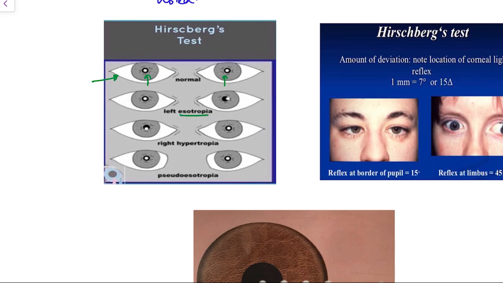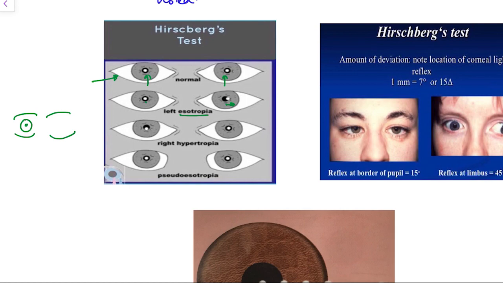Now for the left esotropia, this reflex has moved outwards. This is the center. Now the reflex has moved outwards. Why has it moved outwards? Because, for example, this is the eye, and this is the reflex in the center.